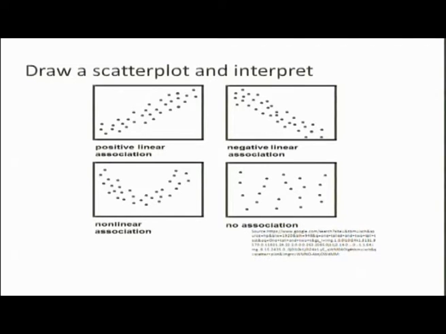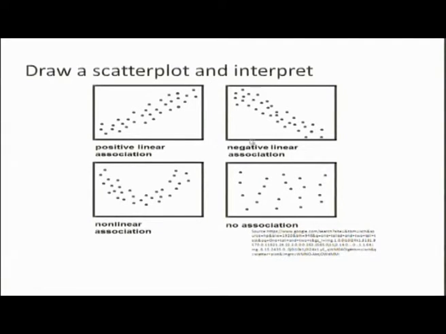It is positive because both x and y change in the same direction, and it is linear because this pattern suggests a linear relationship between x and y. I will explain the term linear a little later.